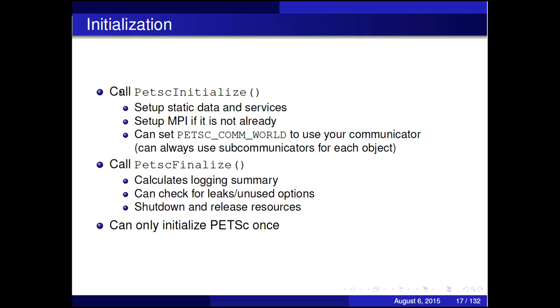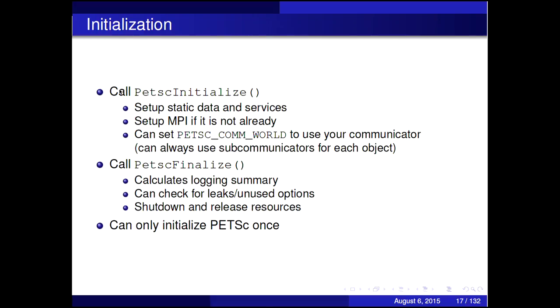Okay, PETSc has an initialization. It's unfortunate. We'd like to not need it, but at the beginning of all PETSc programs is a PetscInitialize. It sets up, for example, the profiling information, error handling, other things like that. It initializes MPI unless MPI was already initialized.